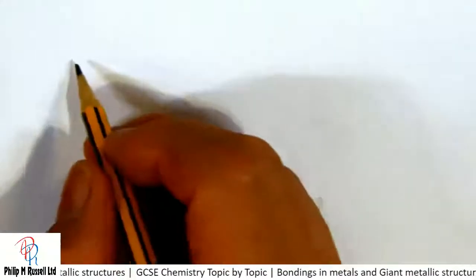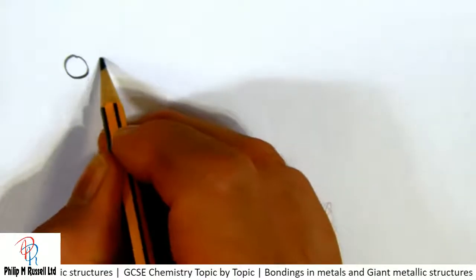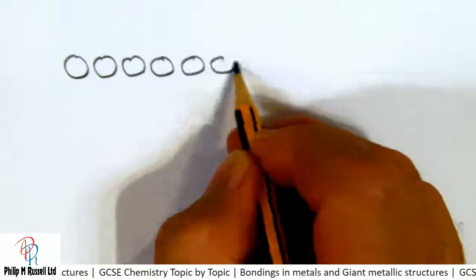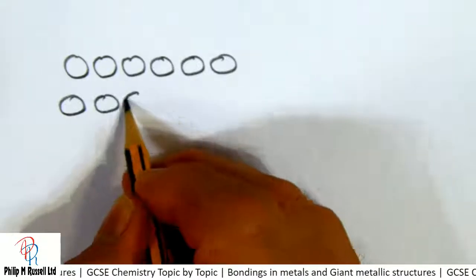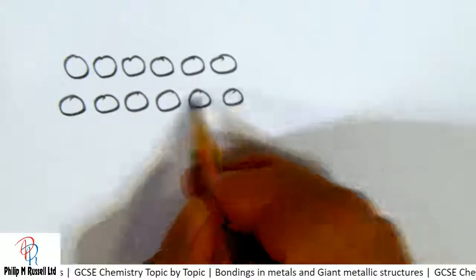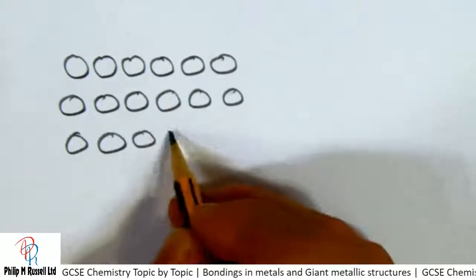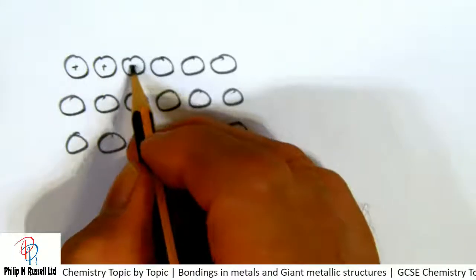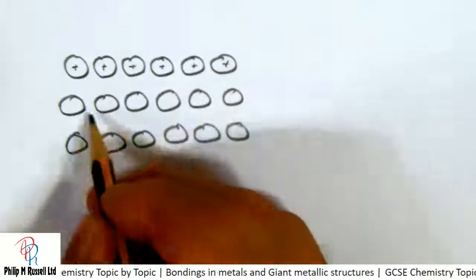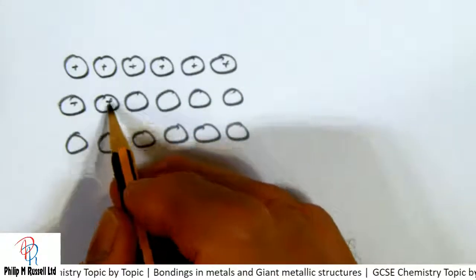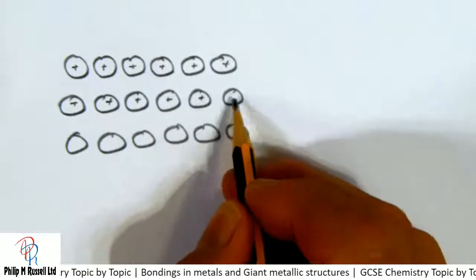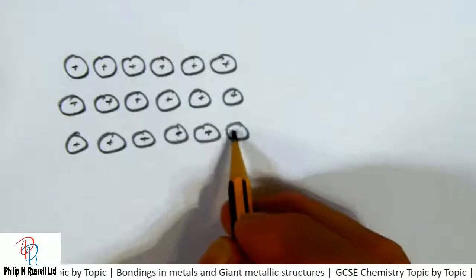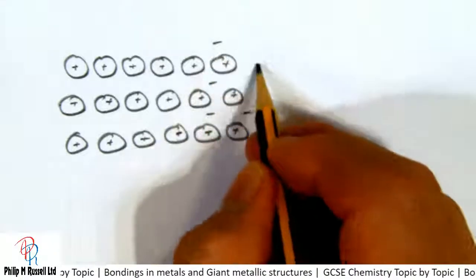Well, basically, if we think about a metal as a series of atoms here, they form up in layers, and I'll just draw a few atoms for you. Each of these is positively charged. Each one's lost one or more electrons, and these are then what we call free electrons that move around.